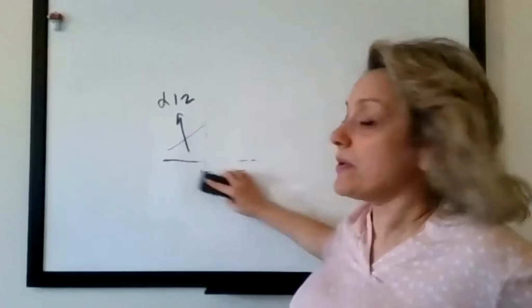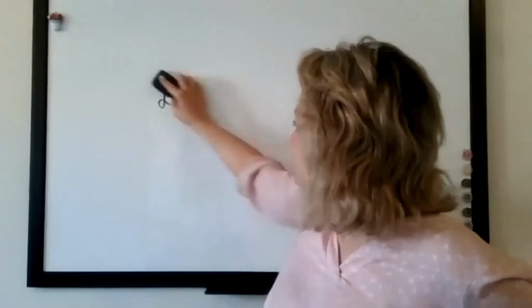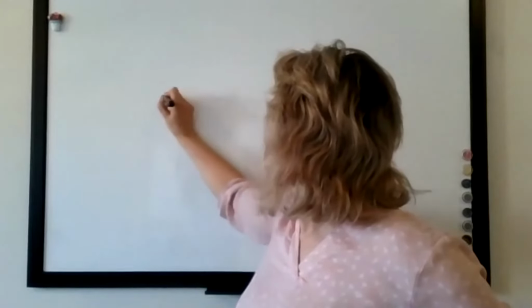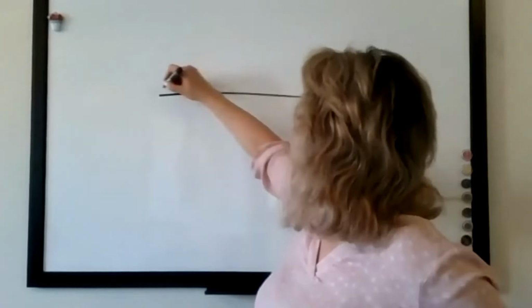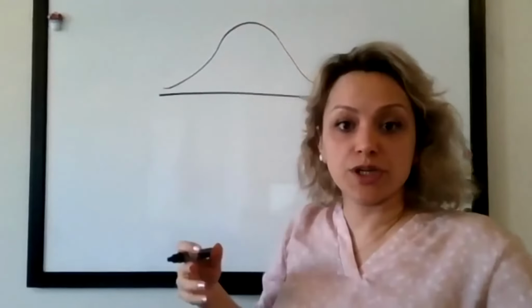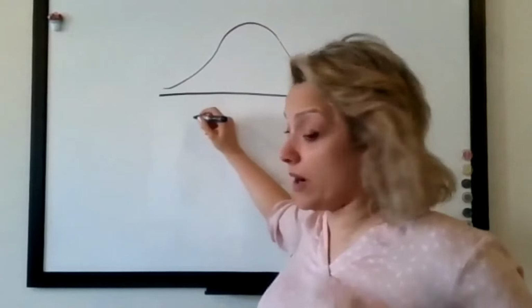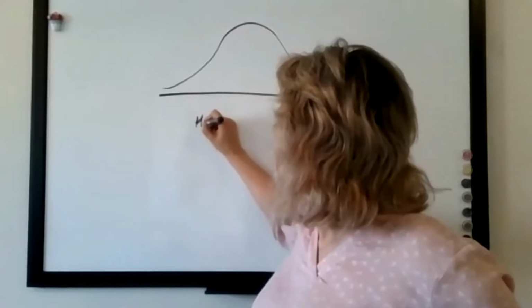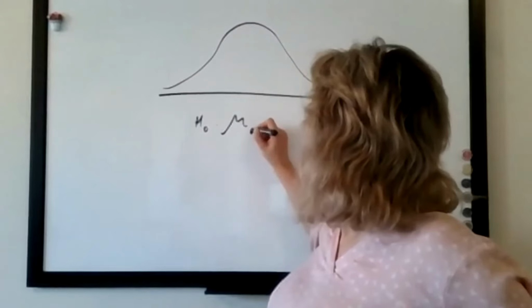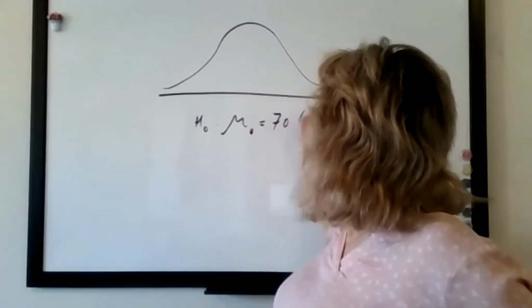For the same example, let's look at here like this. I'm looking for a situation where my H null tells me that mu null is equal to 70%.